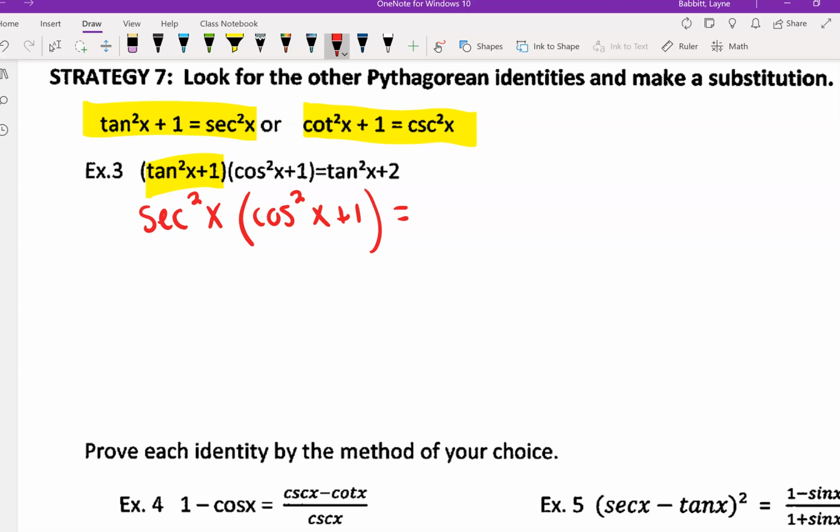And then I'm trying to simplify this left side to equal the right side, tangent squared x plus 2. All right, so the next thing I think I'm going to do, because I don't see any more Pythagorean identities I can substitute, I'm going to get rid of that secant. I would rather have that be a cosine. So this is going to be 1 over cosine squared of x, because secant is the reciprocal of cosine. And then I'm going to multiply that by cosine squared x plus 1.